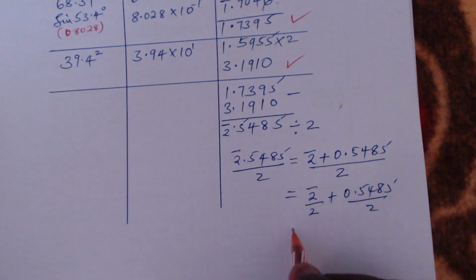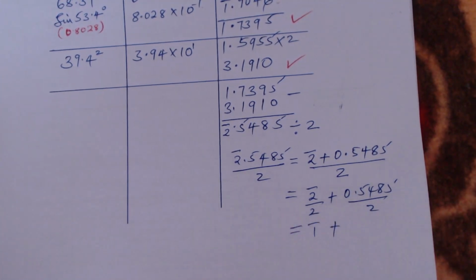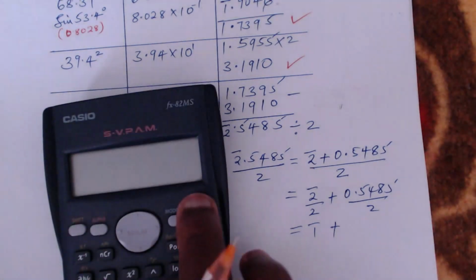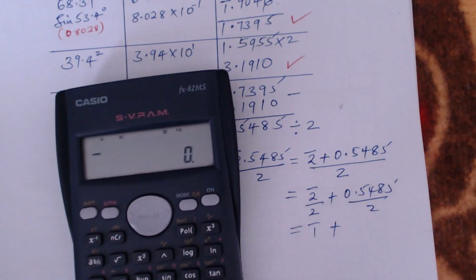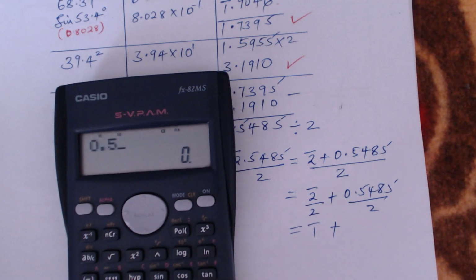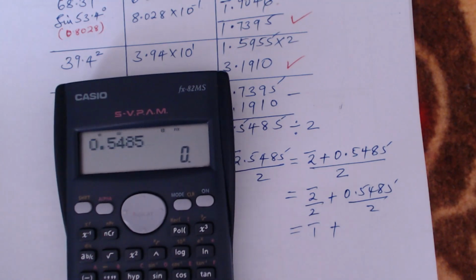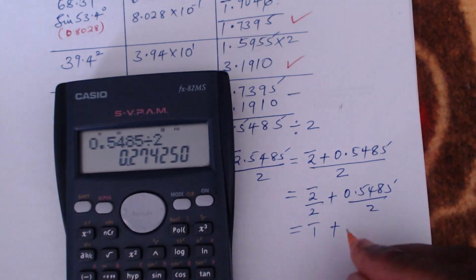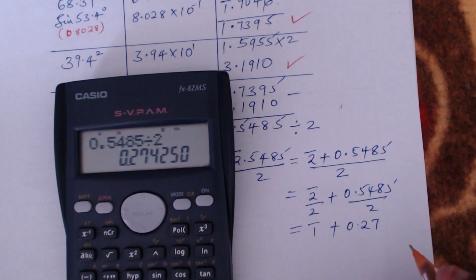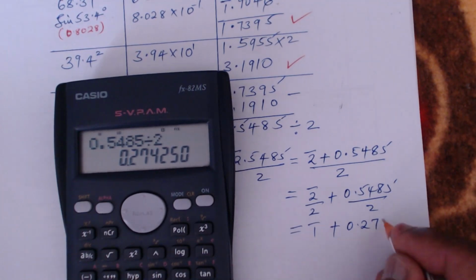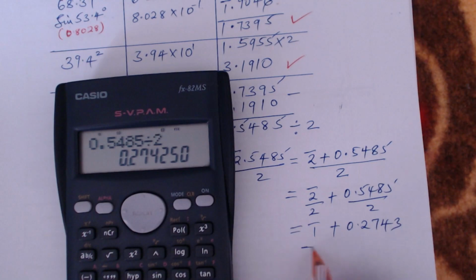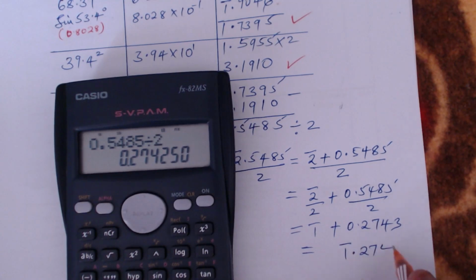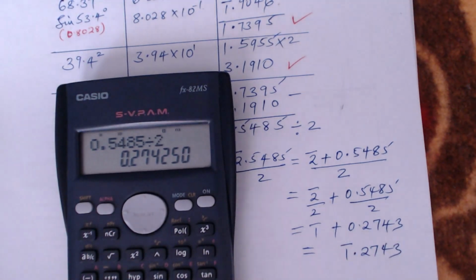Bar 2 divided by 2, you get bar 1 plus 0.5485 divided by 2, you get 0.2743. And this will give bar 1.2743. Simple as that.